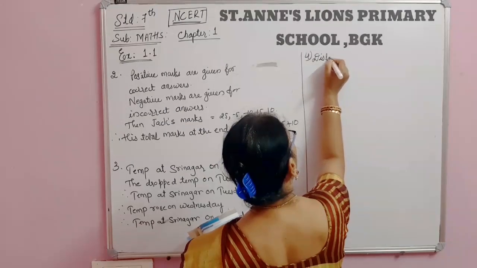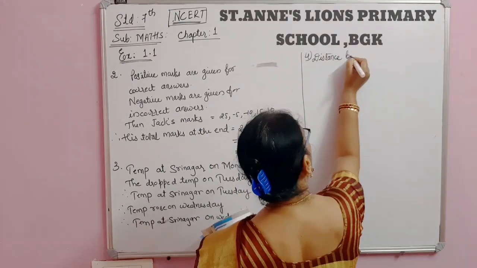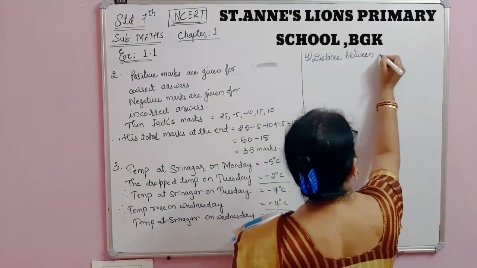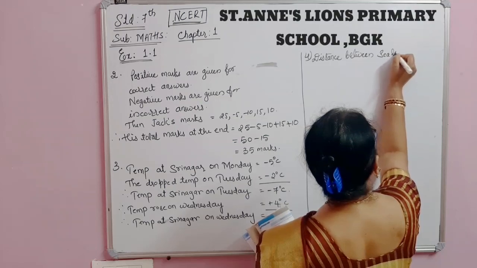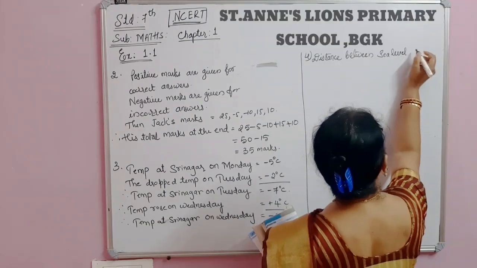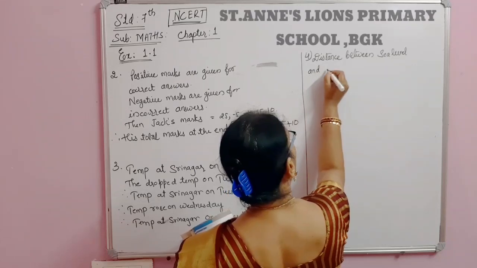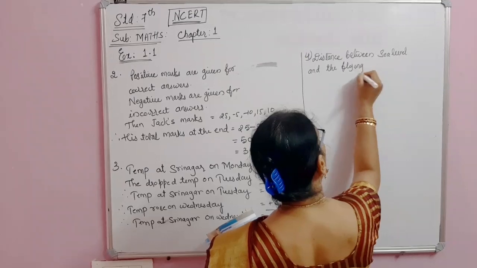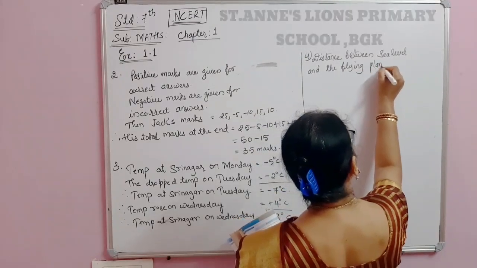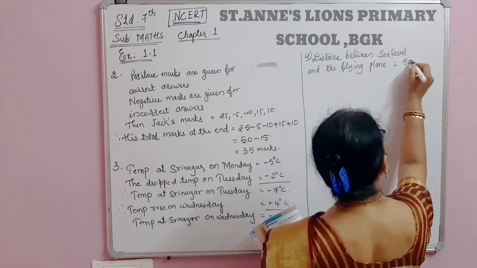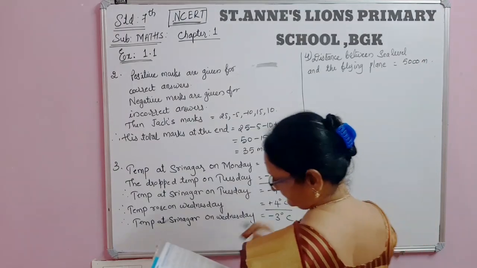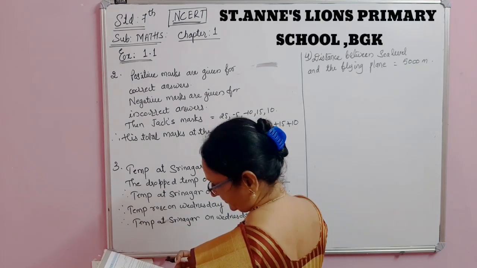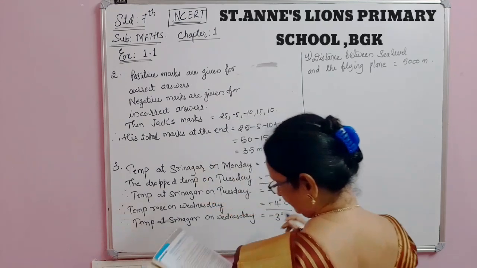The distance between the sea level and the flying plane is 5000 meters. Then one more: what is the distance between the submarine floating below the sea level?